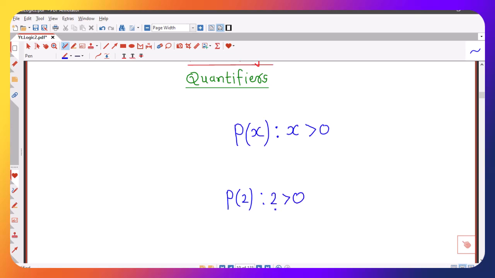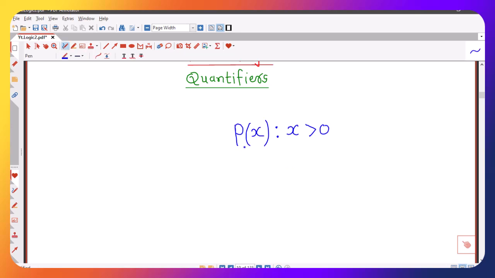That means 2 greater than 0 is a particular statement which has truth value T. If I consider P of minus 1, then I will obtain minus 1 is greater than 0, which has truth value F. So by considering particular values of the variable in the statement function we obtain different statements.